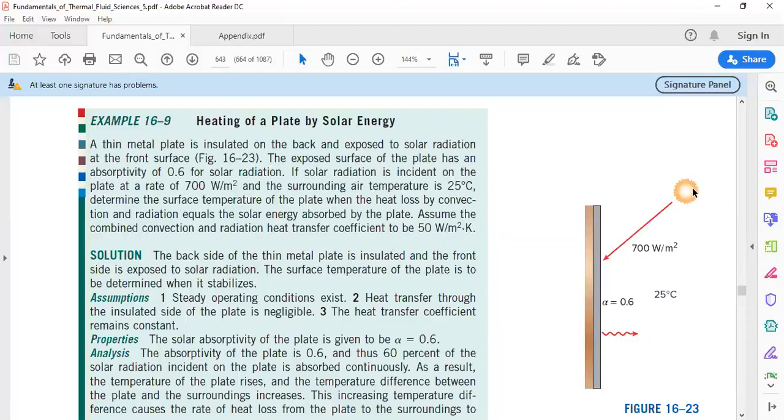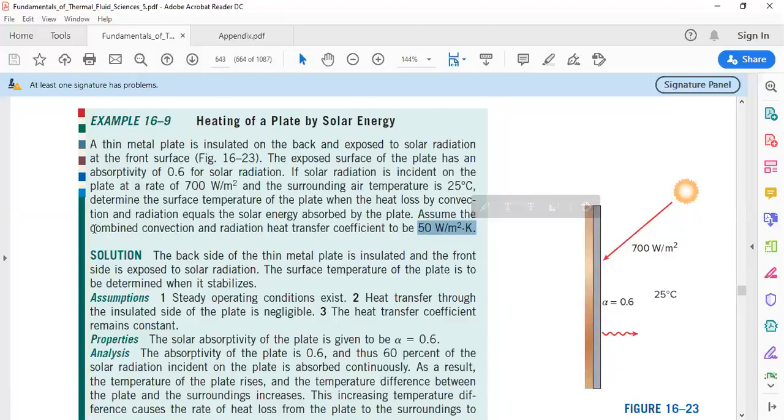The solar radiation is incident on the plate at a rate of 700 watt per meter square, and the surrounding air temperature is 25 Celsius degrees. Determine the surface temperature of the plate when the heat loss by convection and radiation equals the solar energy absorbed by the plate. Assume steady conditions. Assume the combined convection and radiation heat transfer coefficient to be 50 watt per meter square Kelvin.